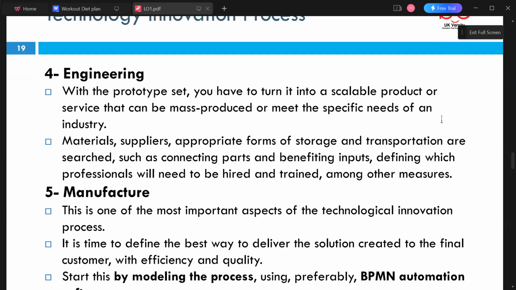Innovation in engineering, where we have prototype sets that we have to turn into a scalable product or service that can be mass produced or meet the specific needs of the industry.